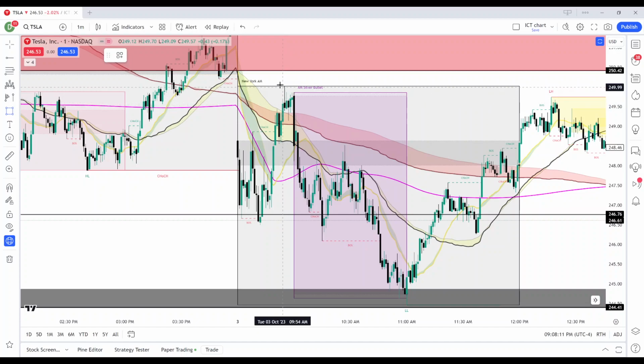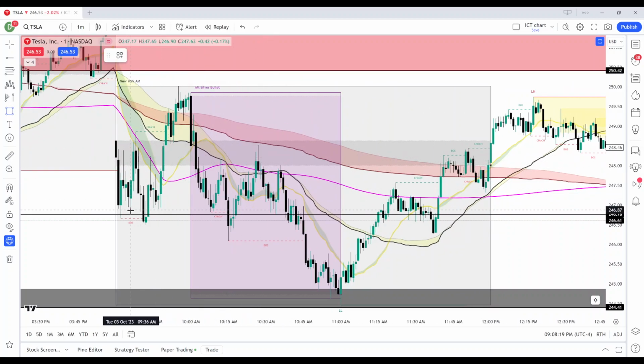Are there fair value gaps or an optimal trade entry inside of the silver bullet setup? We came from the low and traded up to the high, even though we didn't get into gap close. We were trading up and then bam, the silver bullet time macro starts, a huge bearish candle, it tries to trade back up and gives us our fair value gap. That's what I was looking for.